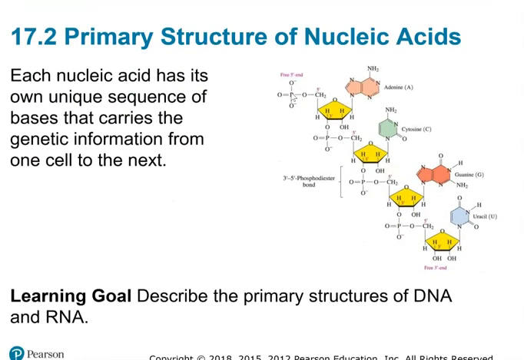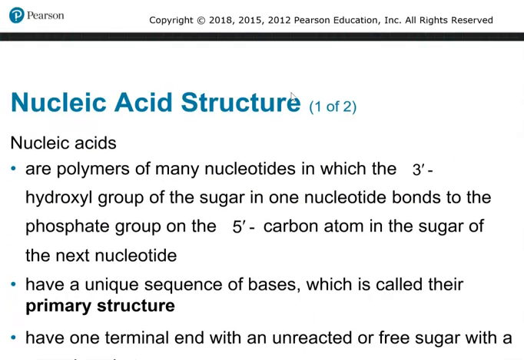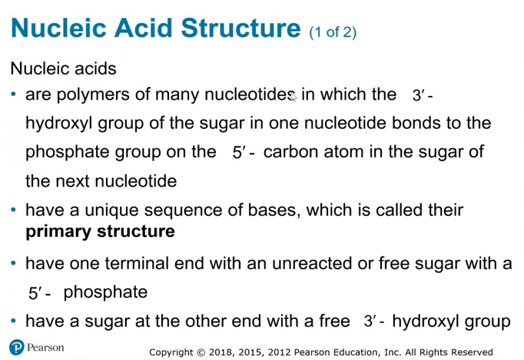So, how are nucleic acids organized? DNA and RNA have fairly different structures, and we're going to learn about those structures. But the basic idea is that nucleic acids are comprised of many nucleotides forming a chain. Okay?